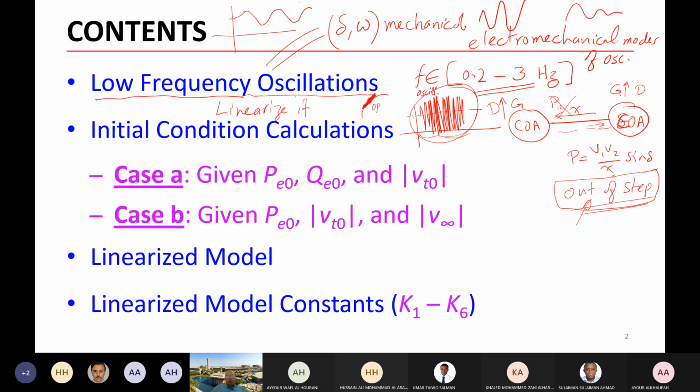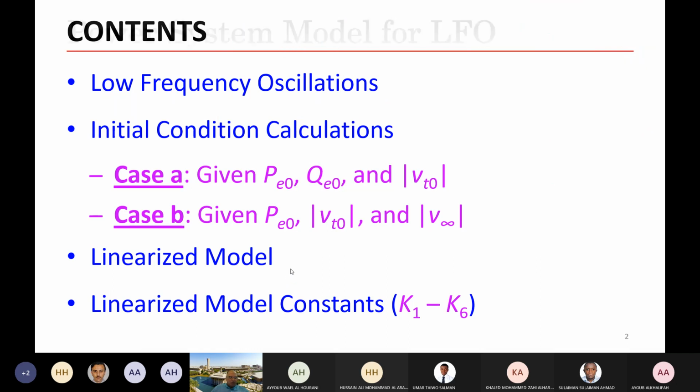We need to improve the system damping, and the ultimate objective of our discussion is to develop a controller to improve the damping of this problem, low frequency oscillation. So we will do linearization, and then design a power system stabilizer to improve the damping. This is the ultimate objective, but it is maybe covered in the next class. First we develop the linearized model, then see how to design the controller later on.